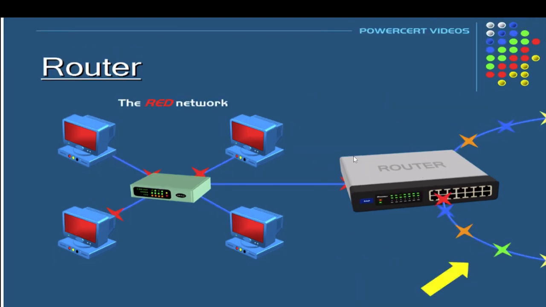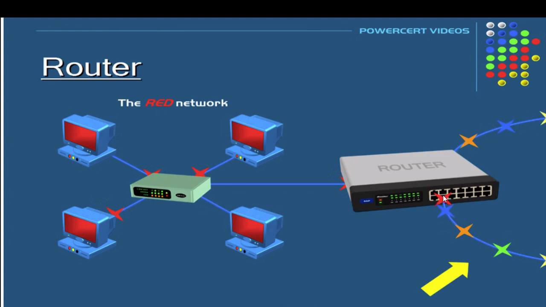Like in this picture, we can see, for example, this switch or hub has an IP address, for example, only for this red data. If I say this switch or this hub has IP address 198.168.19.16, the router will filter all these IP addresses. The different colors of these stars are different IP addresses.